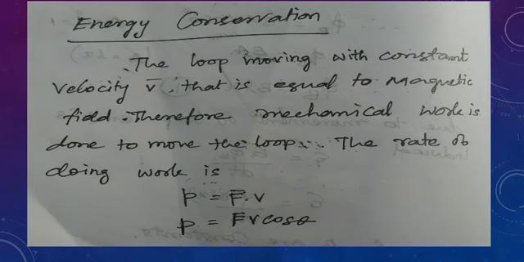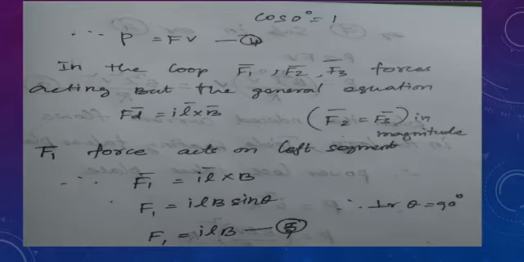That's why the magnitude of the power is FV cos theta, due to the movement of the loop with constant velocity v. Here theta is 0 degree, therefore the power is F into V. That is equation number 4.